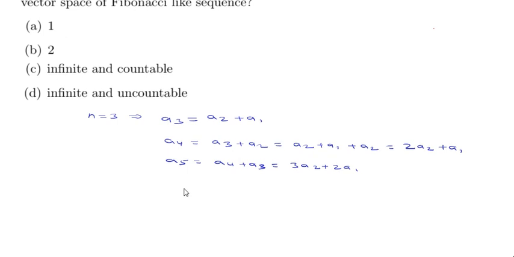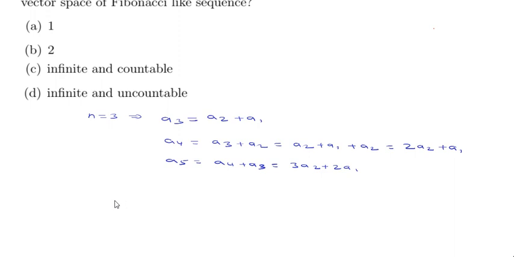So when we do it like this, each of the terms of the sequence depends on a1 and a2, and finally our nth term will depend on the two terms a1 and a2.